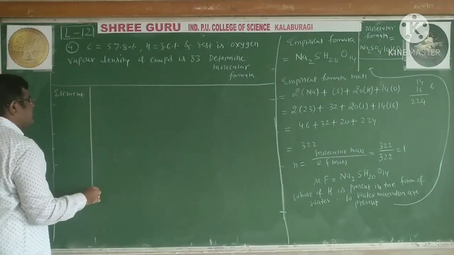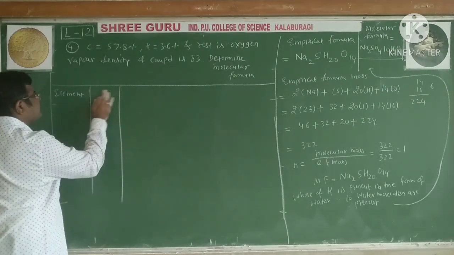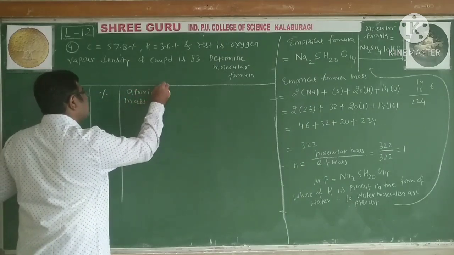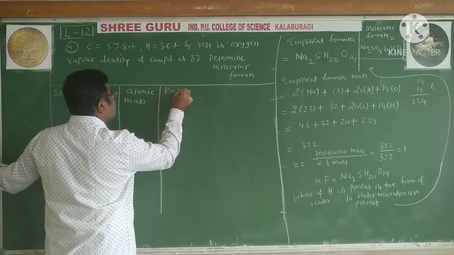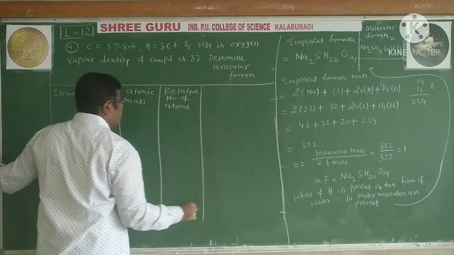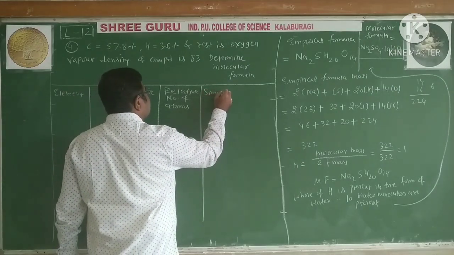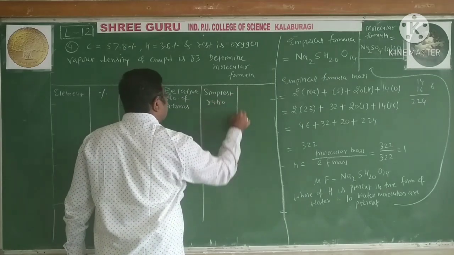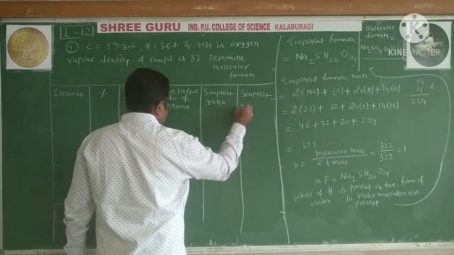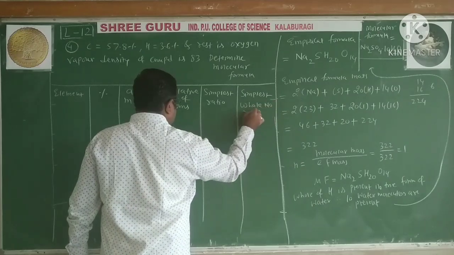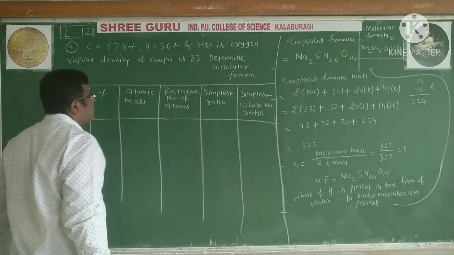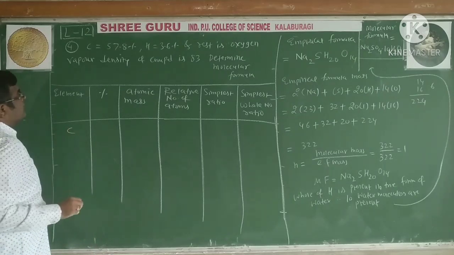First column is element, second is percentage, then comes atomic mass, then comes relative number of atoms, simplest ratio, and simplest whole number ratio. Right. Yes, 6 columns.